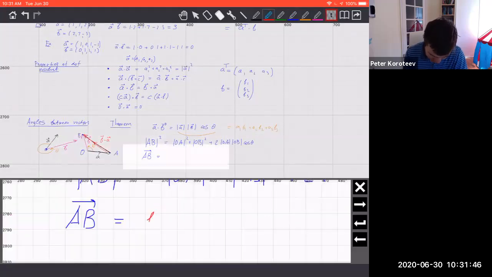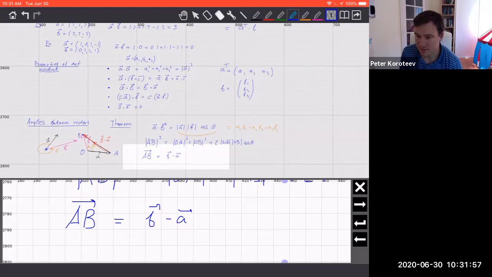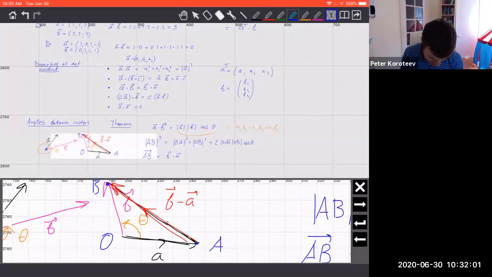So the vector AB is B minus A. We could have taken BA, it doesn't really matter. It's not going to be important for the calculation, but you see, OA plus this vector should be equal to B, therefore it should be B minus A.